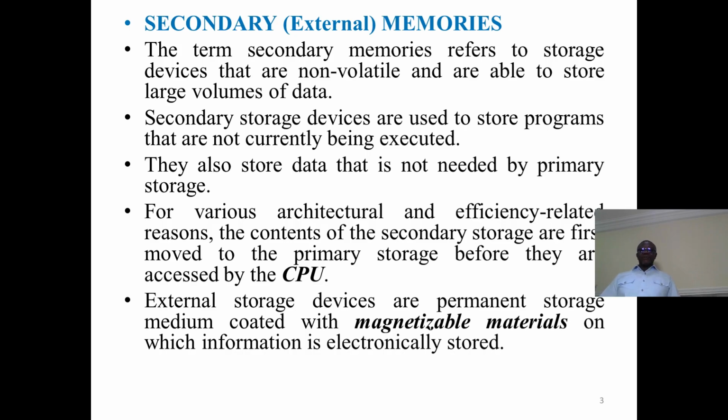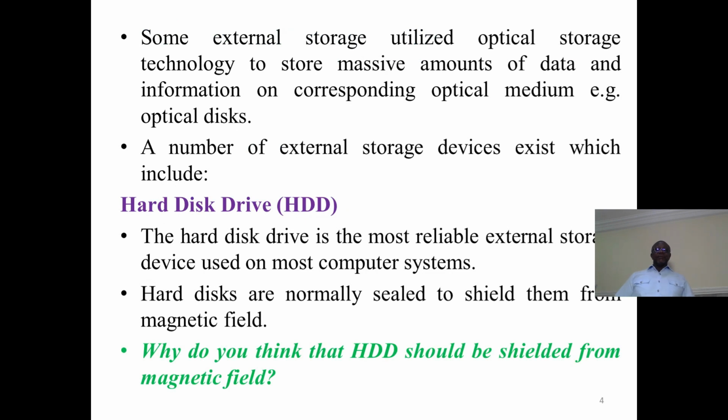External storage devices are permanent storage medium coated with magnetizable materials on which information is electronically stored. Some external storage utilize optical storage technology to store massive amounts of data and information on corresponding optical medium, for example, optical discs.